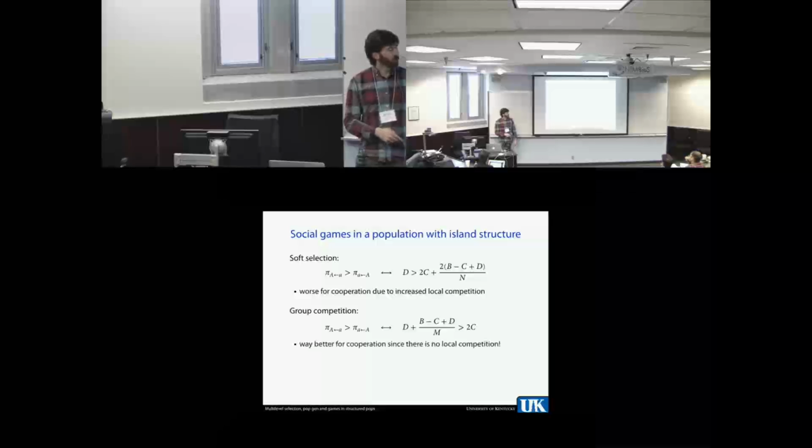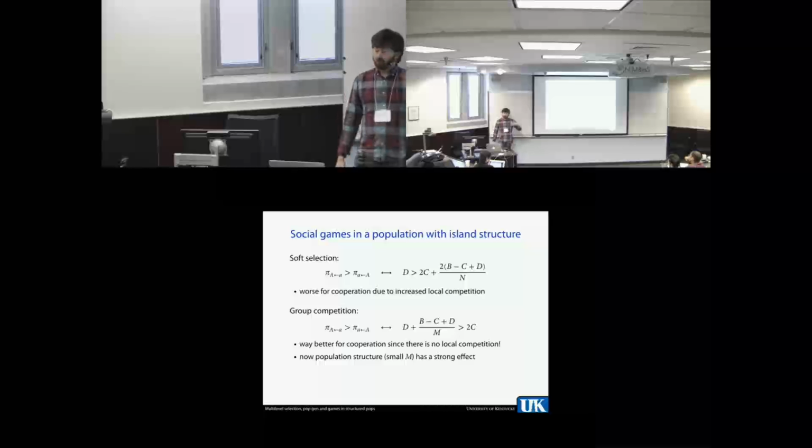If population structure is strong, then this migration M, the number of migrants, is small. And as you make it smaller and smaller, you can increase the chance that cooperation is predominant arbitrarily, as long as the migration rate becomes small enough. So cooperation becomes much easier to evolve.